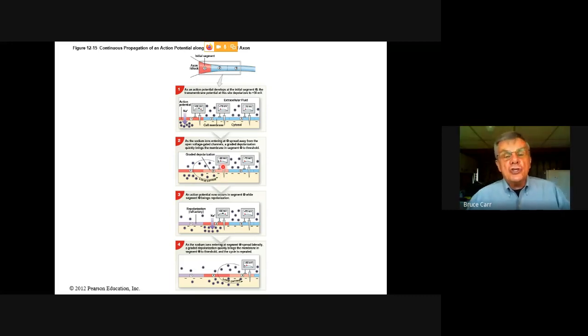This is called continuous propagation, and it's characteristic of axons that have no coverings. So it is almost as if you have to walk along here and pop every single sodium gate in order to get the electrical impulse to move.